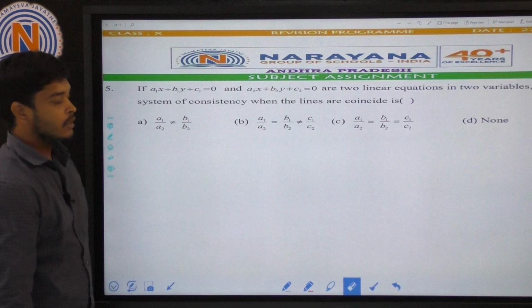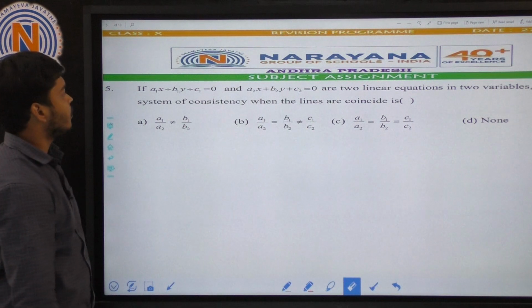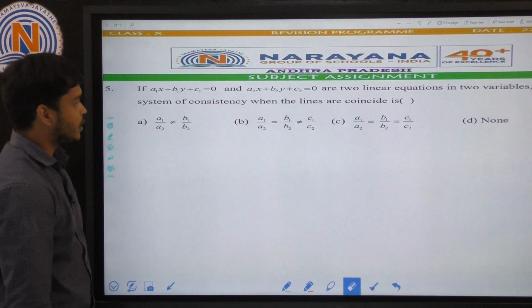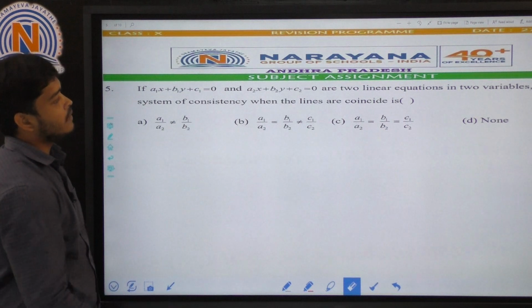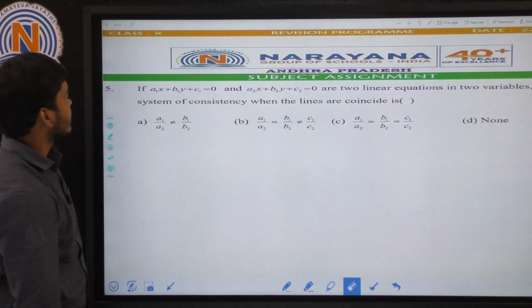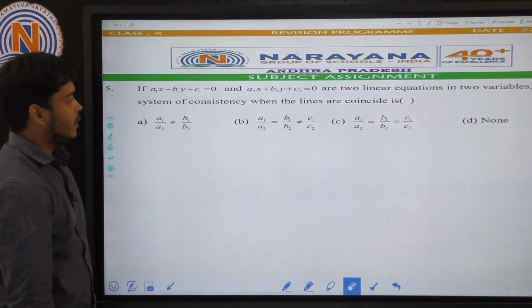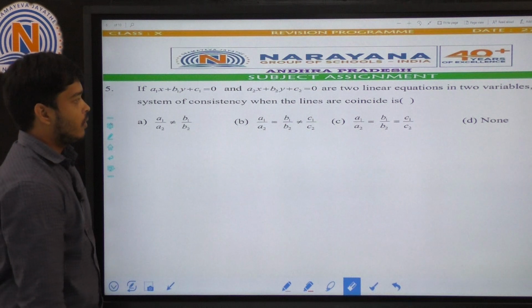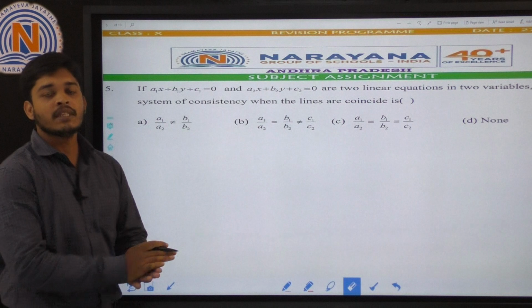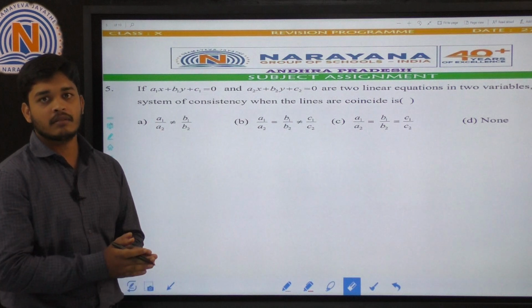See children, fifth question. If a1x + b1y + c1 = 0 and a2x + b2y + c2 = 0 are two linear equations in two variables, then the system is consistent when the lines coincide. Coincide means overlapping lines.